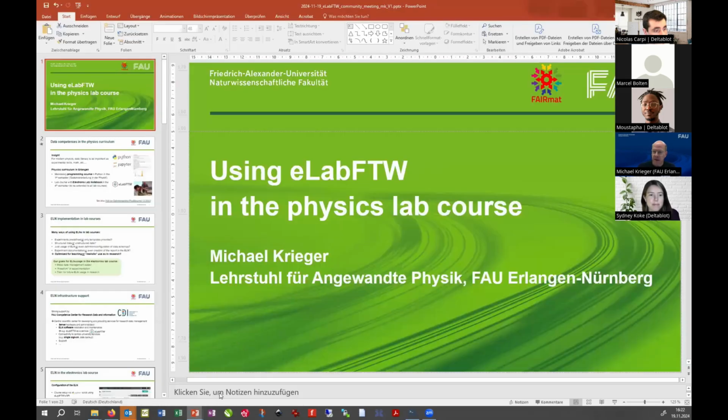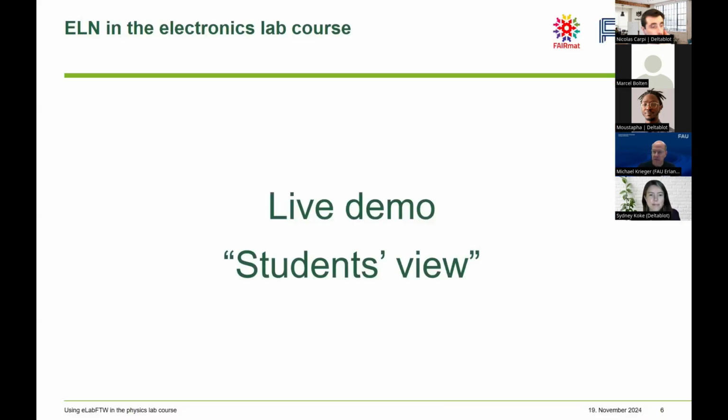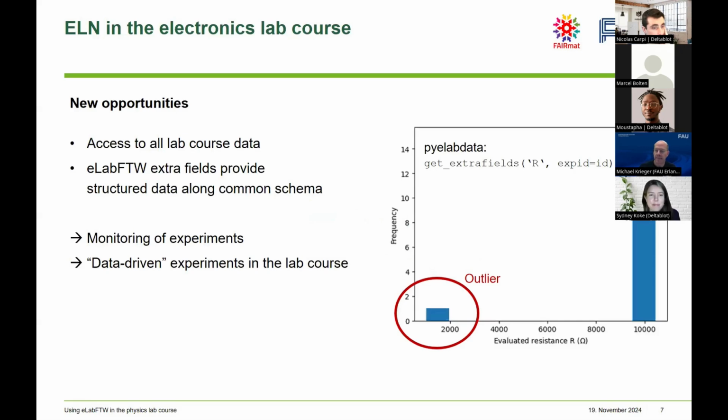Okay, sorry, I want to jump back here and just summarize with the possibility to store evaluated data in extra fields. You get new opportunities because you can also access all the lab course data.